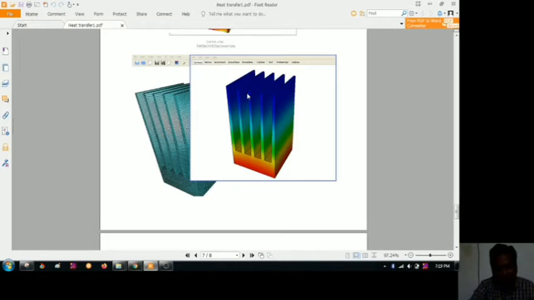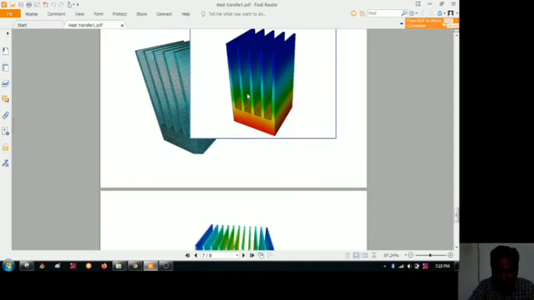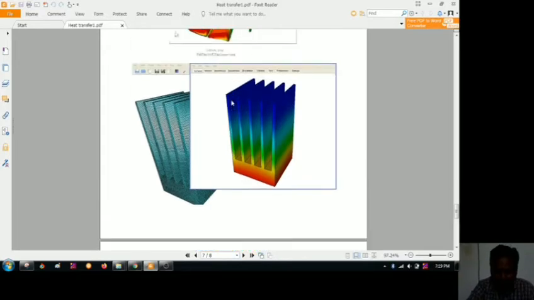You might have observed in your bikes, especially bikes like the Royal Enfield or the Hero Honda, this kind of structure above the engine. Don't try to touch it, but if you touch it, you will feel the heat. That is the beauty of these pin fins.